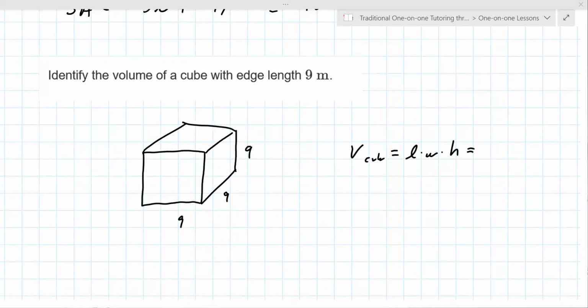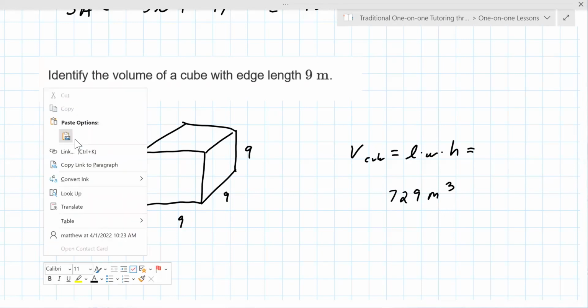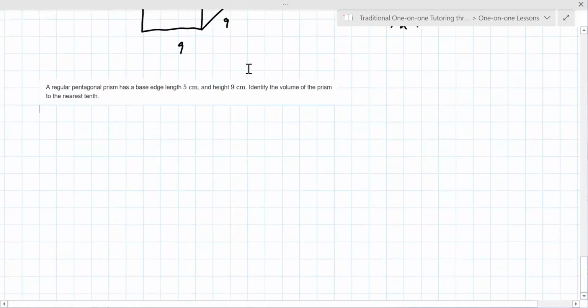Times W times H. 729. 729, and then it's meters cubed this time. All right, so the next problems, you remember we were using that calculator the other day for finding the area of a regular polygon?